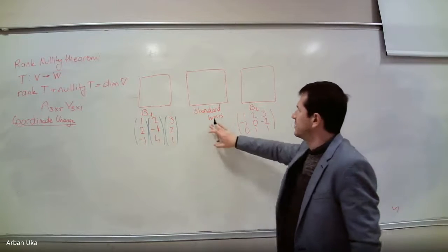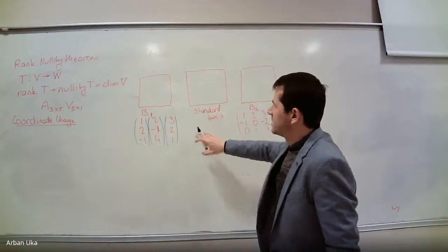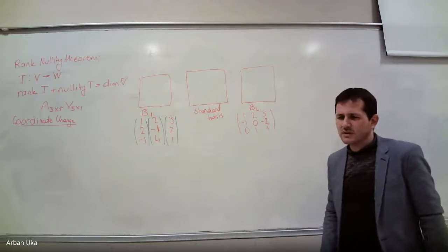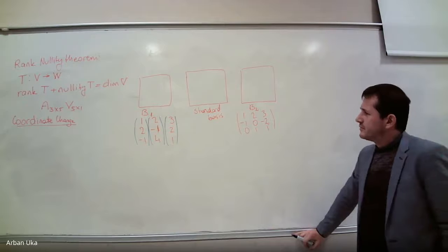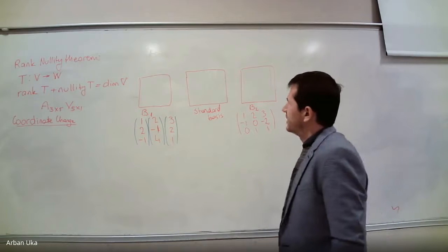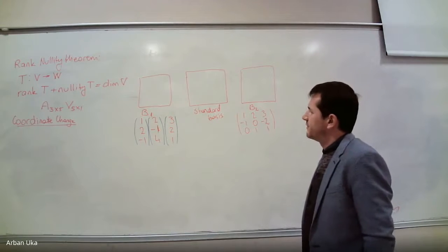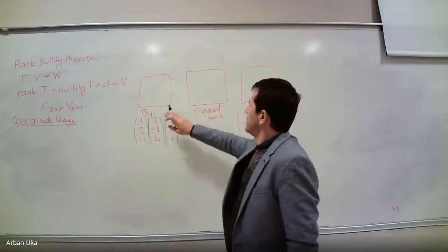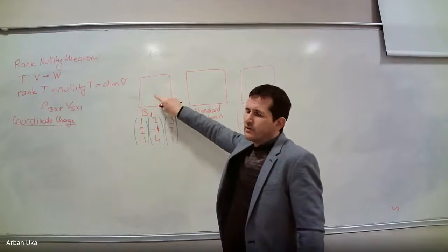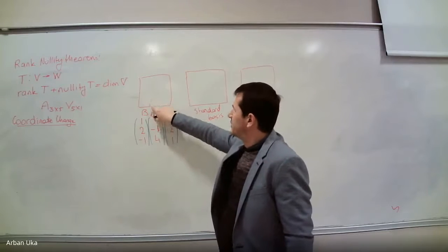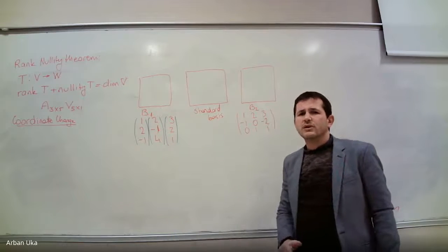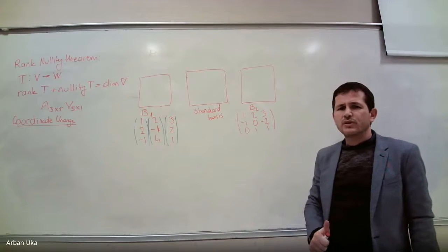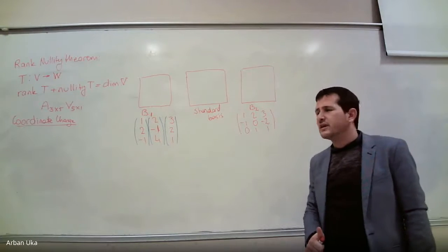We know what the standard basis is. It's represented by 1, 0, 0, 0, 1, 0, 0, 0, 1. Now, if we are given a vector in this domain, that means we report the projections or coordinates in this basis.